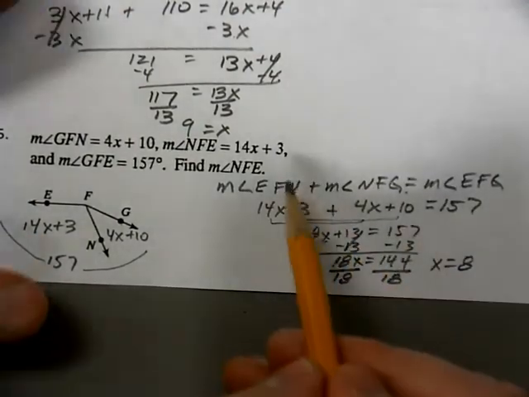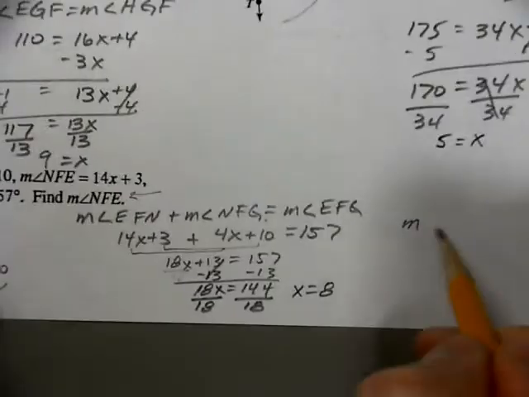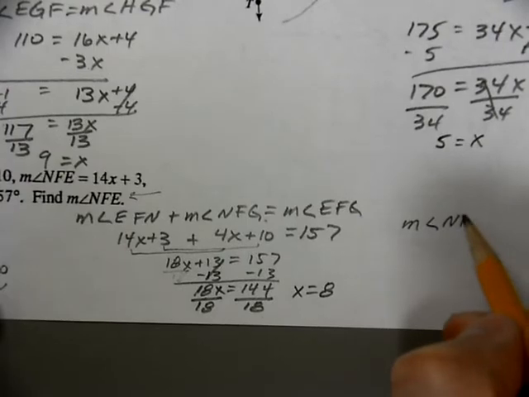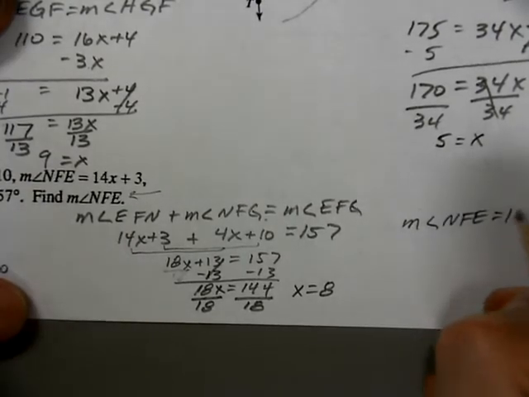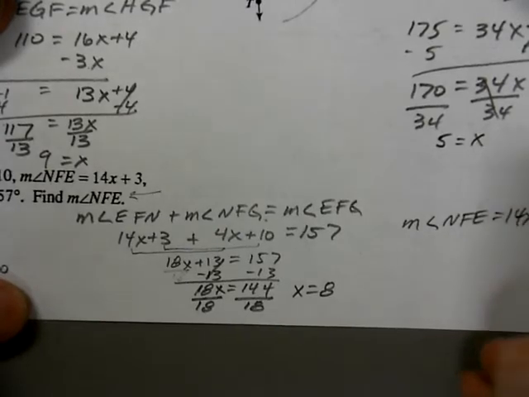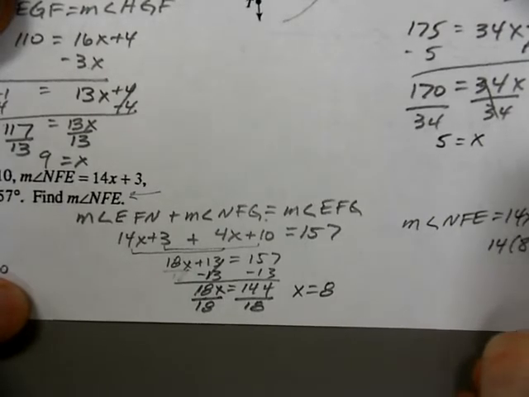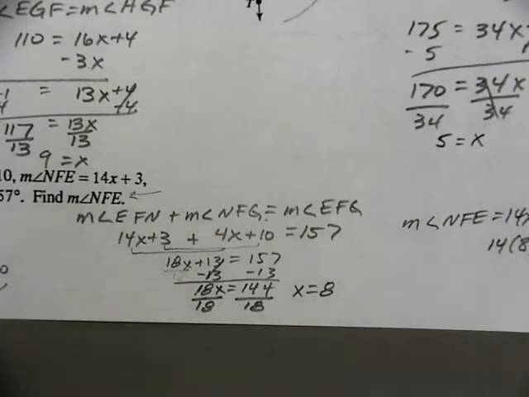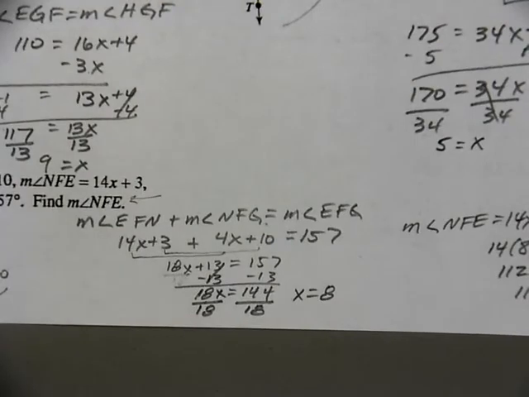Now notice carefully that they've asked us to look for the measurement of angle NFE, and NFE was 14x plus 3. So we're going to say 14 times 8 plus 3. So we get 112 plus 3, which is 115 degrees.